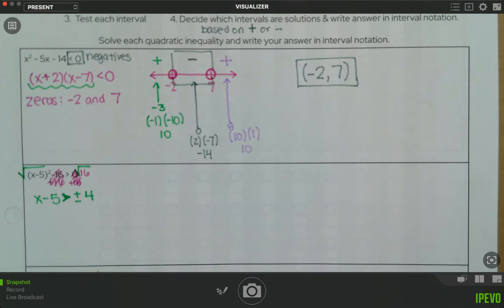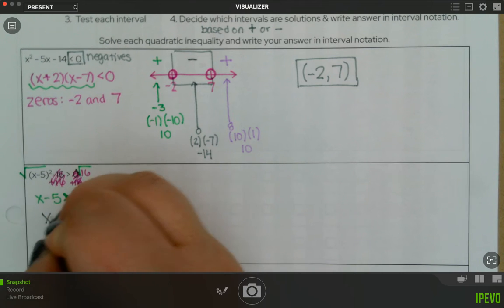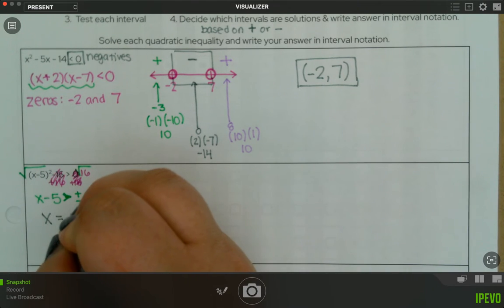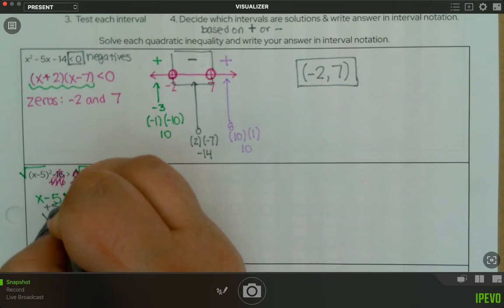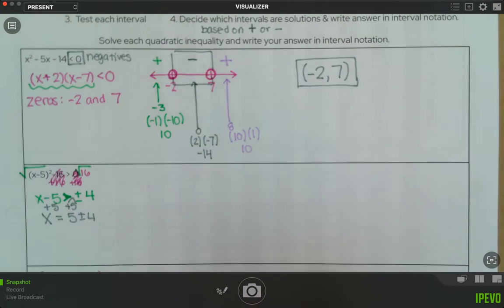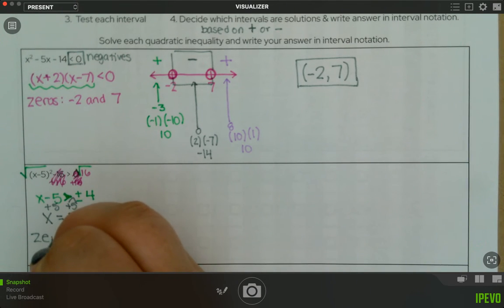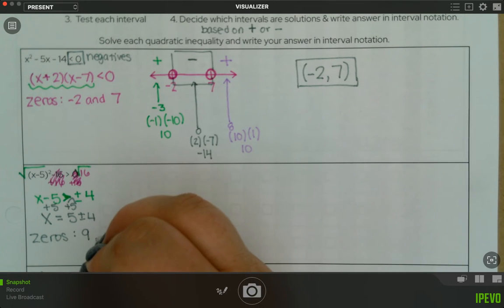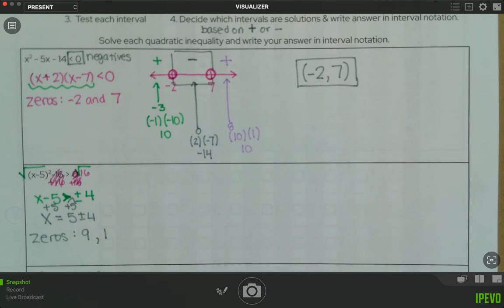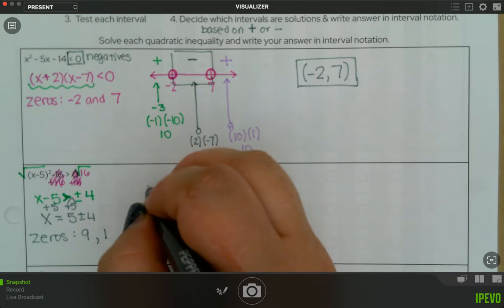Then I'm going to add the 5 to the other side. Like this. So it'll be 5 plus or minus 4. So my zeros are 5 plus 4, which is 9, and 5 minus 4, which is 1. There you go. Now we just put those on a number line.